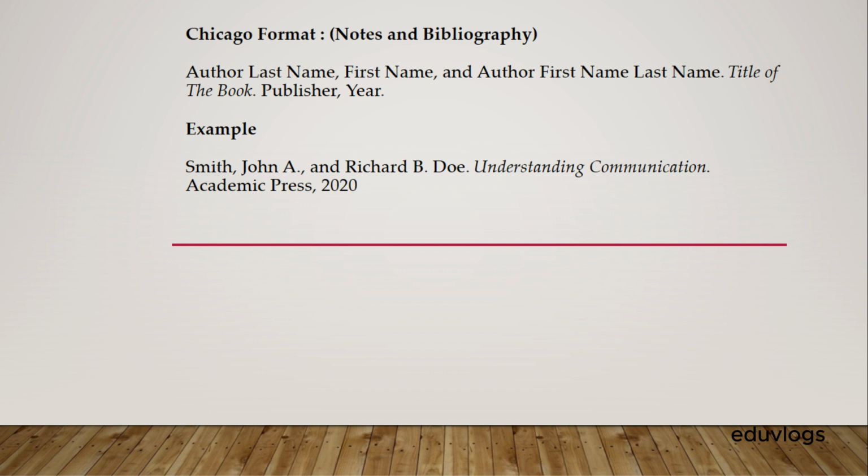So, for example, we have Smith, John A., and Richard B. Doe. Understanding Communication, which is the title, Academic Press, 2020, which is the year.